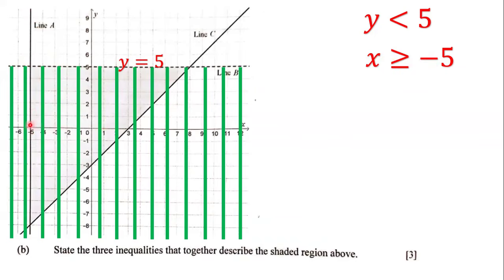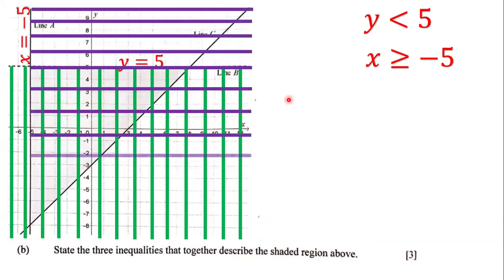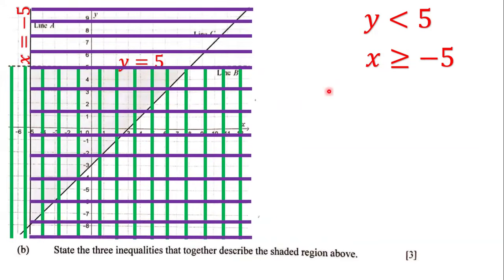The numbers that are greater than -5 are -4, -3, -2, -1, 0, 1, 2, 3, 4. So on the right-hand side, it's going to be where x is greater than -5. And so that means that we're going to shade to the right of this particular line, because we want to shade the region x is greater than or equal to -5. And so far we have shaded y is less than 5. That's the green, right? And we have x is greater than or equal to -5, and that's the purple, right? Okay, so what else do we have?